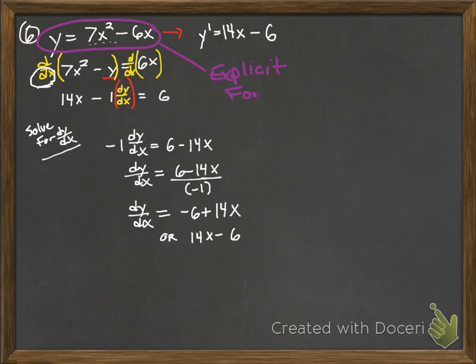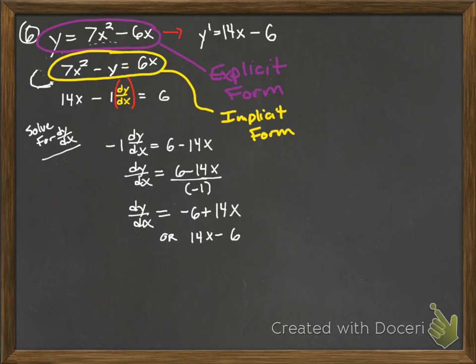Again, here's the explicit form. Then the implicit form is when I go back to my original. Implicit is when y is not isolated. Explicit, think of it not like throwing out some expletive. It means give it to people straight.